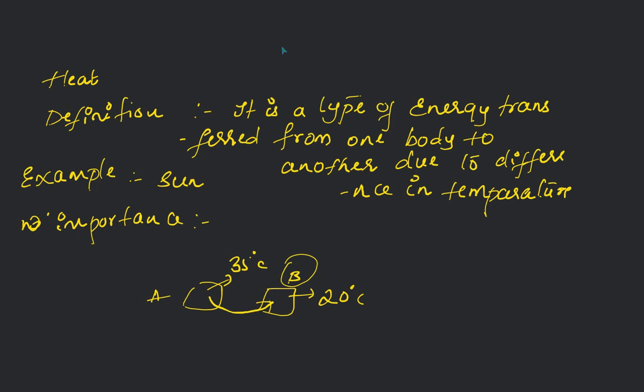Heat is very important to make things warm. Heat is used to generate electricity, correct? By using thermal coal we can generate heat and electricity.